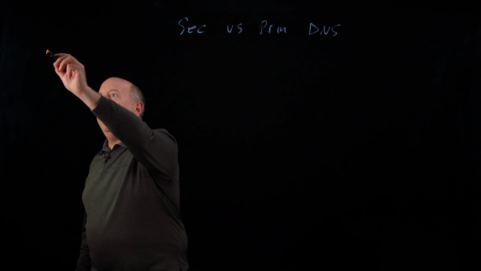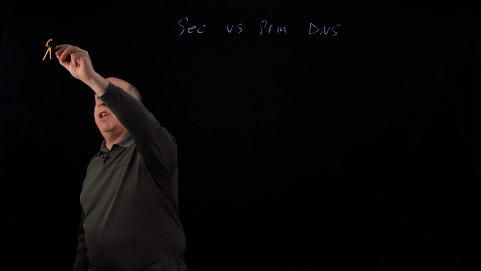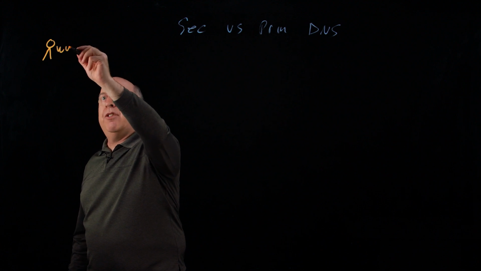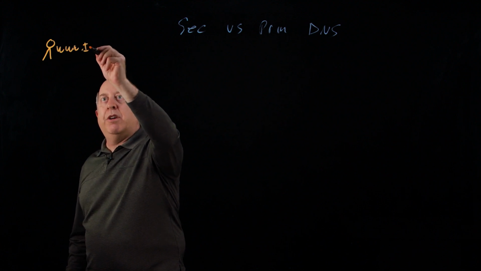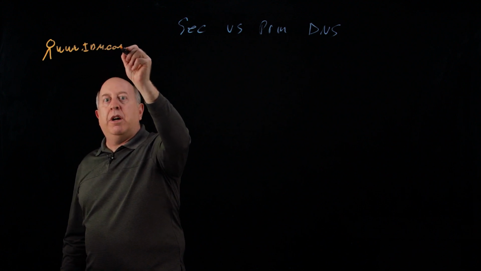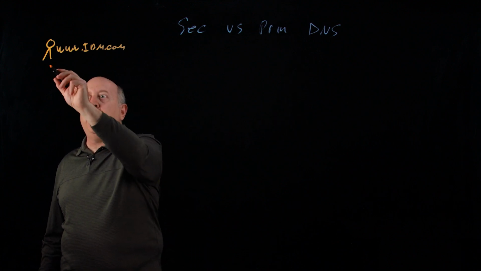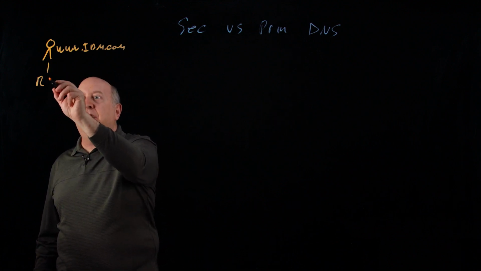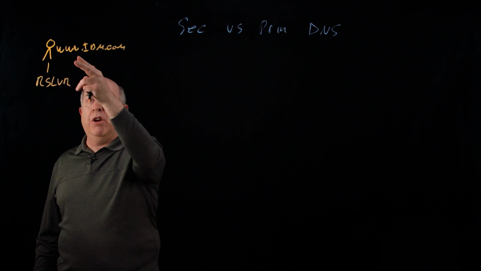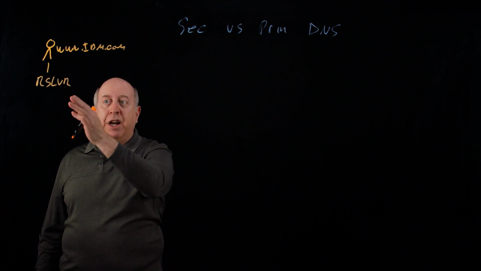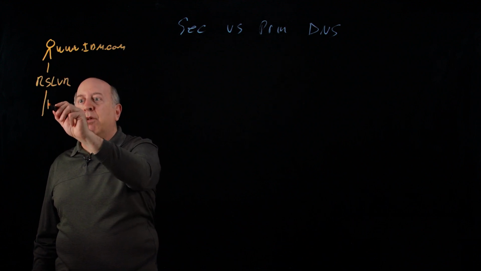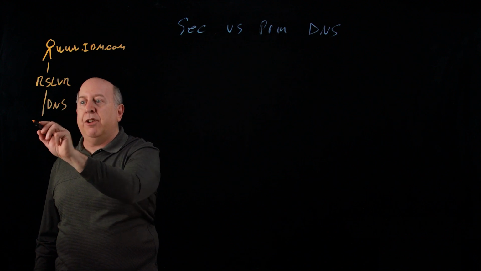So if you recall, if I have a user on the internet and he wants to access IBM.com, his computer is going to use the DNS system to look up the IP address. What'll happen is his computer will talk to a DNS resolver out on the internet. The resolver will know how to navigate the DNS system.